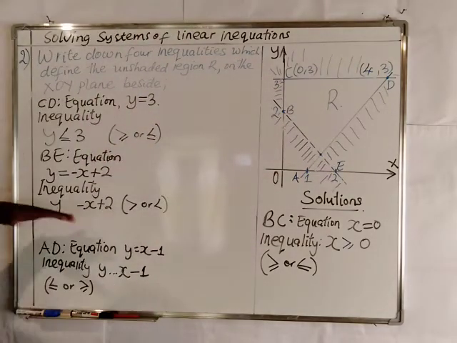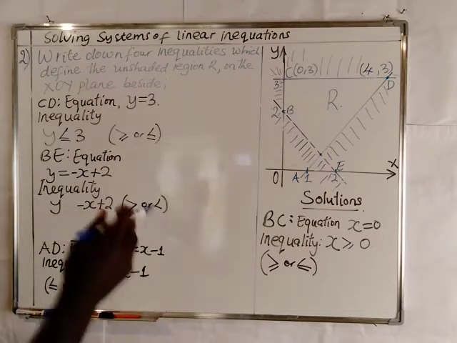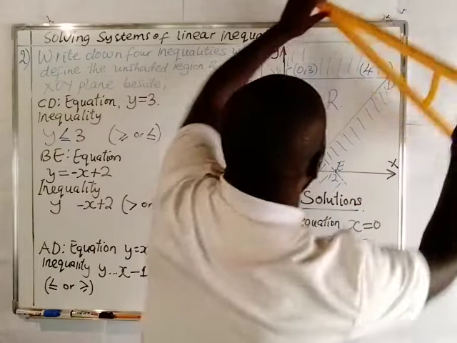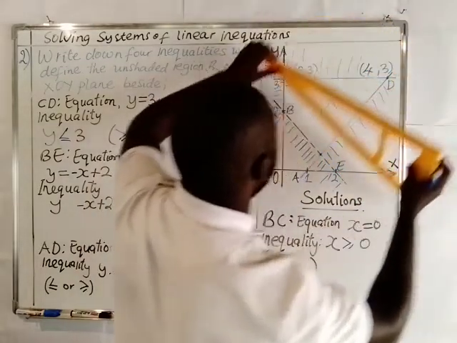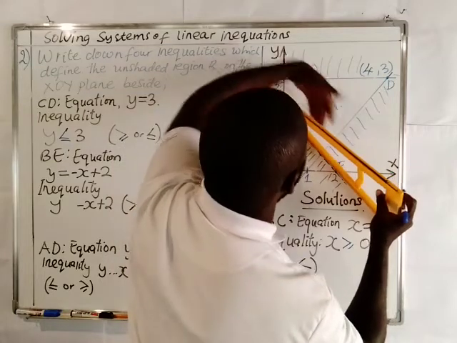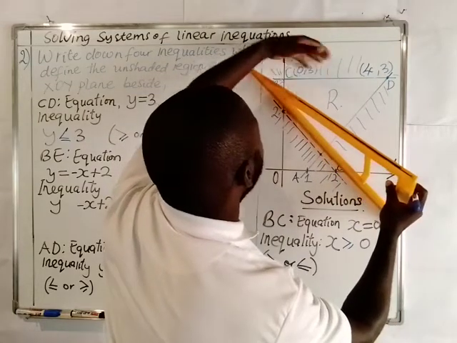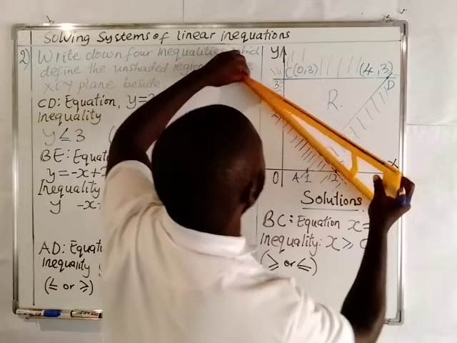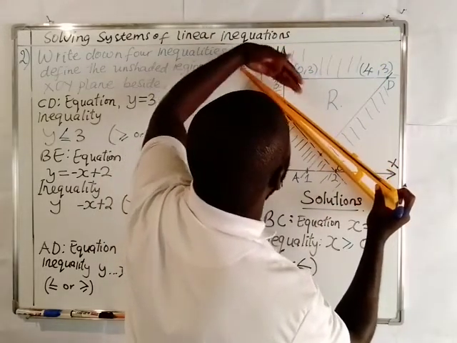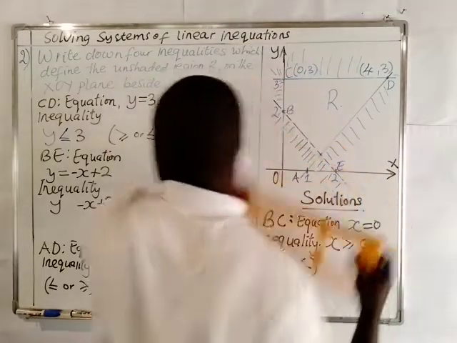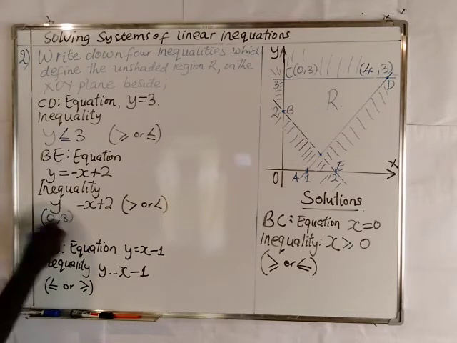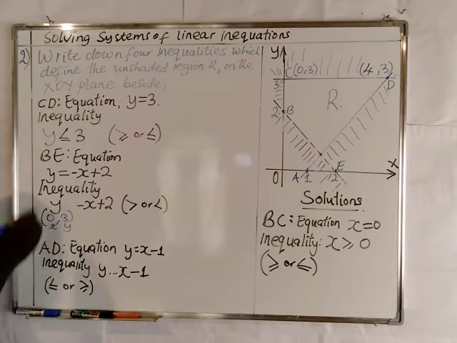So now, what will help us choose between these two is that our wanted region is this side here. So we can look for a point which is in our wanted region, anywhere here. For me, I'll pick a point which is here. For example, this point (0, 3) is in the wanted region. You can see the points are in the form (x, y).